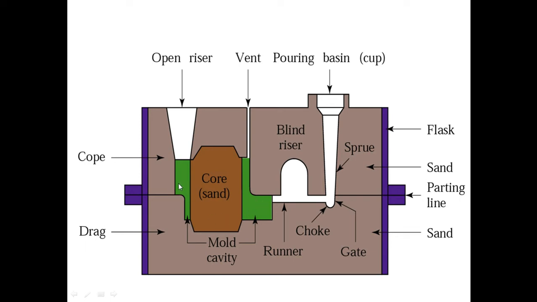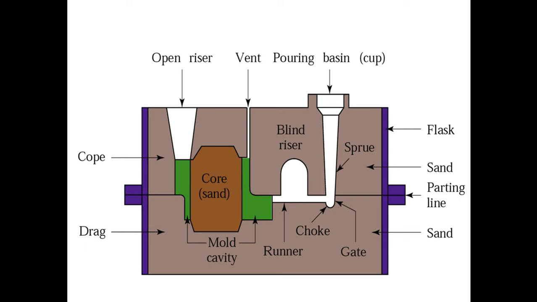This core is used to get hollow portions. Now this portion is hollow. Metal will not fill this portion because this is a core. The metal will fill this green portion, which forms a hollow cylinder or hollow portions, whatever shape we require. So this is what we have seen in the video.